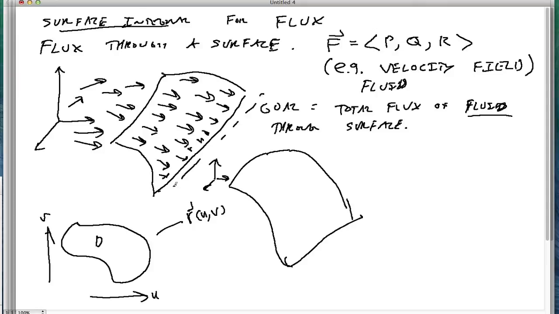And then through that surface, we have a little patch that lives in UV space, and that gets mapped to some point, some piece of surface there, and we call that our two vectors there.